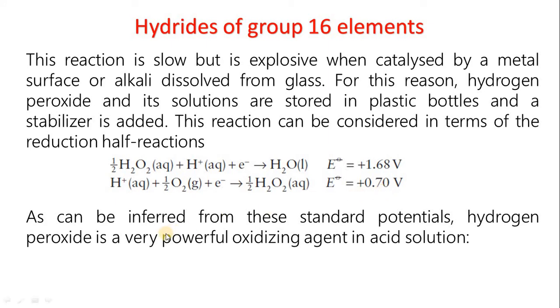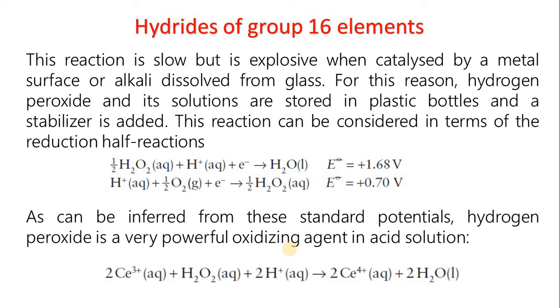As can be inferred from these standard potentials, hydrogen peroxide is a very powerful oxidizing agent in the acidic solution. For example, if we have a cerium plus 3 salt in the aqueous solution in the acidic medium, it is oxidized into cerium plus 4.